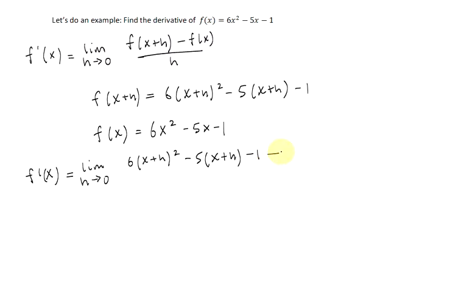Now be careful here, because when we subtract a function, we need to subtract it as a family, and to keep it together, we need to put it in parentheses. So this is a critical step because it's going to remind us to distribute this negative.